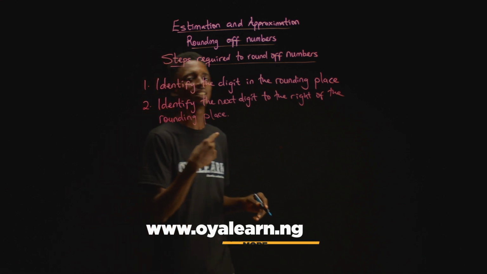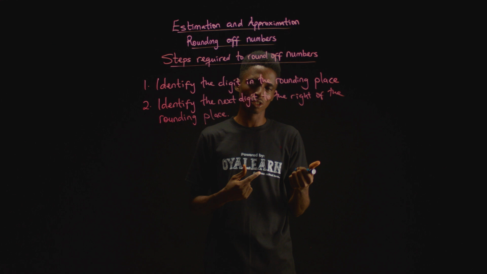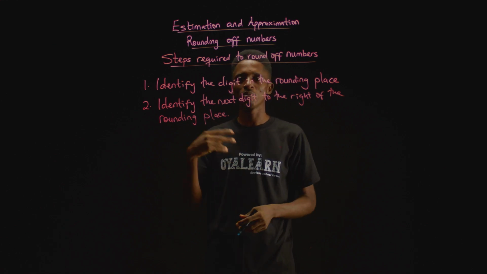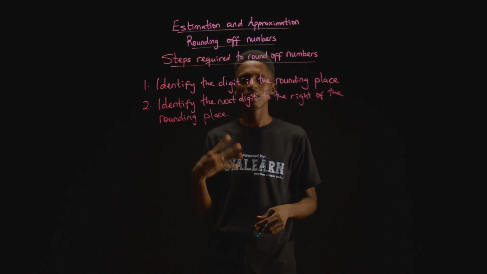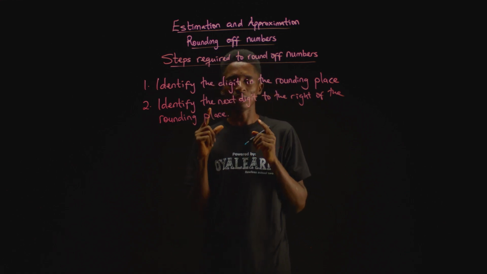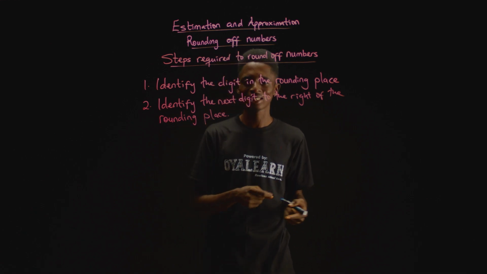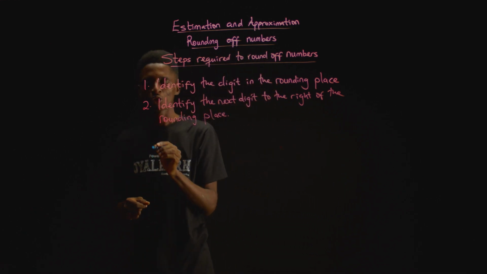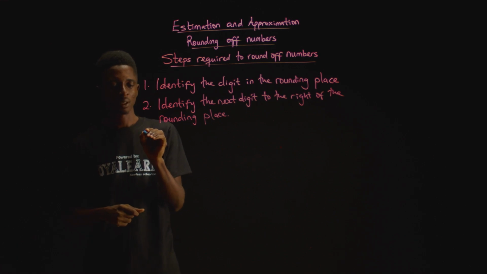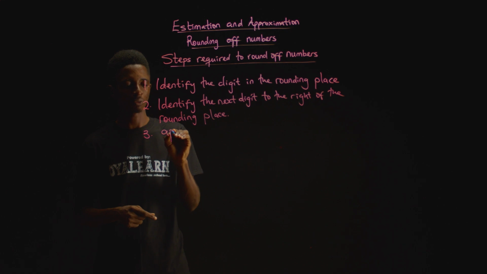So for example, if the digit in my rounding place is 2, I then look at the digit that is next to it. It could be any number from 0, 1, 2, 3, 4, 5, 6, 7, 8, and 9. But the thing you have to do is identify which number is next to the rounding place.